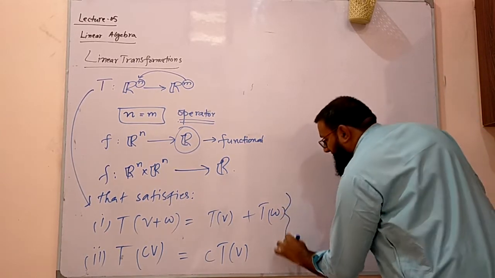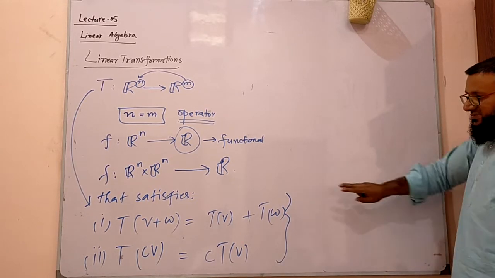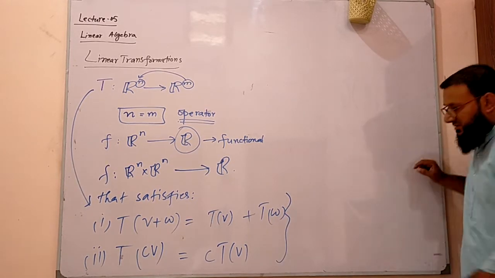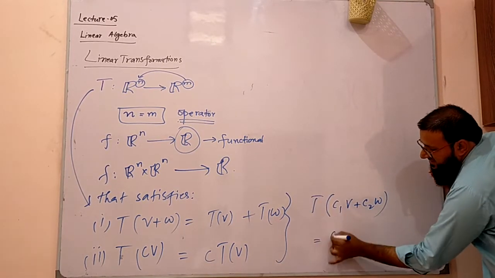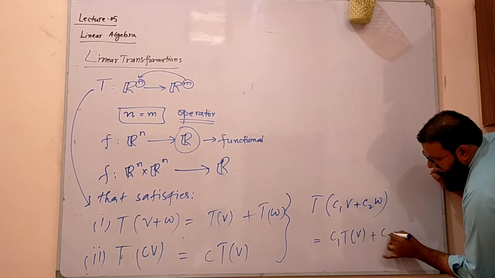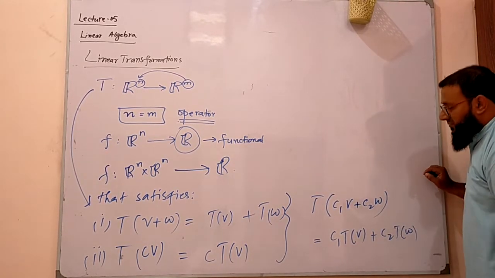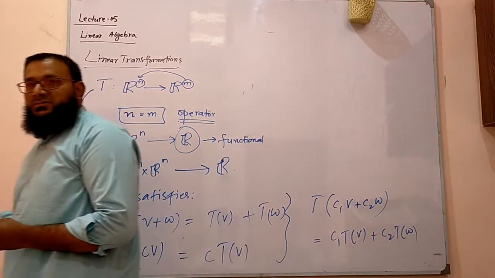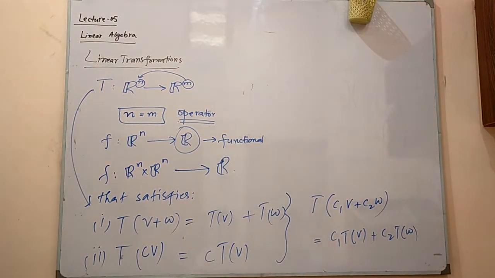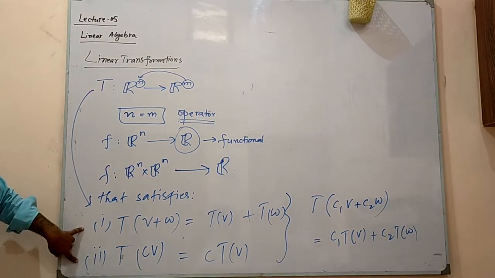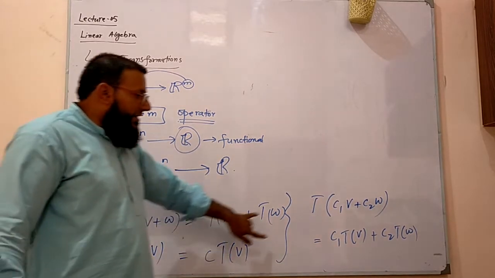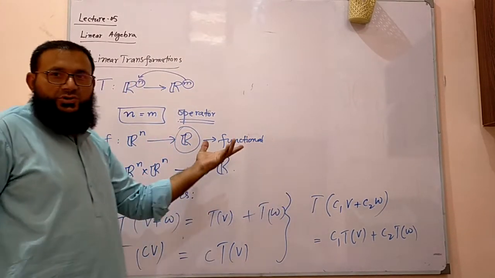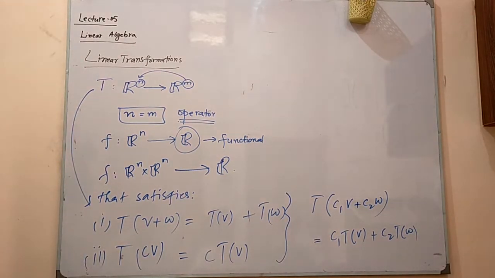We can write these things compactly as well: T of (C1V + C2W) is the same as C1 times T on V plus C2 times T on W. Here both operations are applied together, scalar multiplication as well as addition. So either you write these two properties for a linear operator or linear transformation, or you compactly write only one. The things are the same, no difference. We will be doing examples as well.